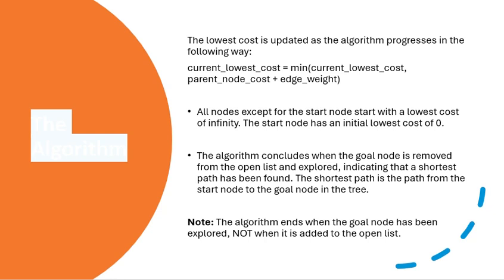The important part is that the algorithm ends when the goal node has been explored, not when it is added to the open list. It can be part of the open list, but when it is added to the open list, the algorithm doesn't end there. The algorithm will end only when our goal node is part of the closed list.